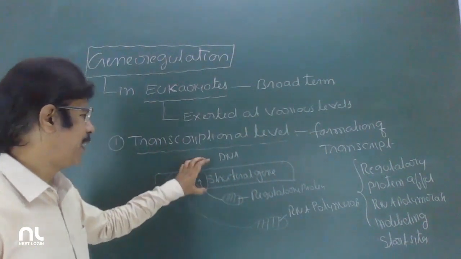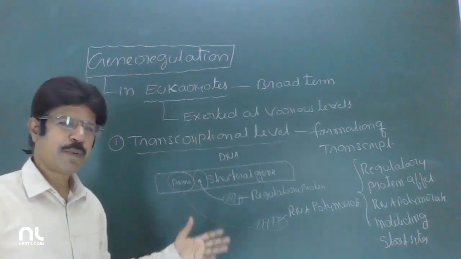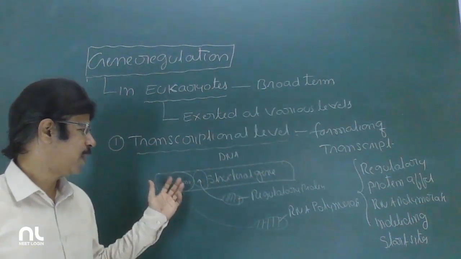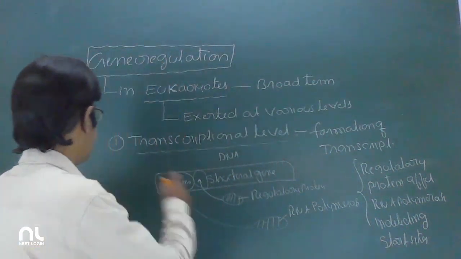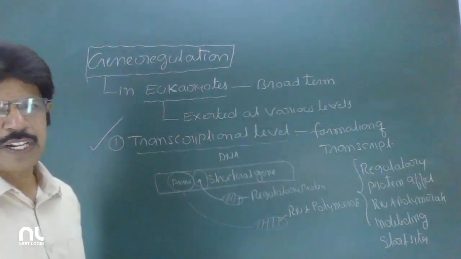Because some other molecule binds at this DNA, RNA polymerase finds no way to find the promoter to transcribe the structural gene. So it affects at a transcription level.